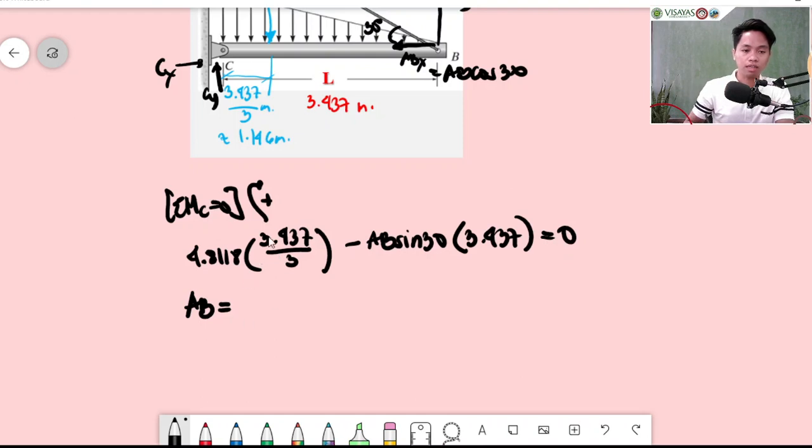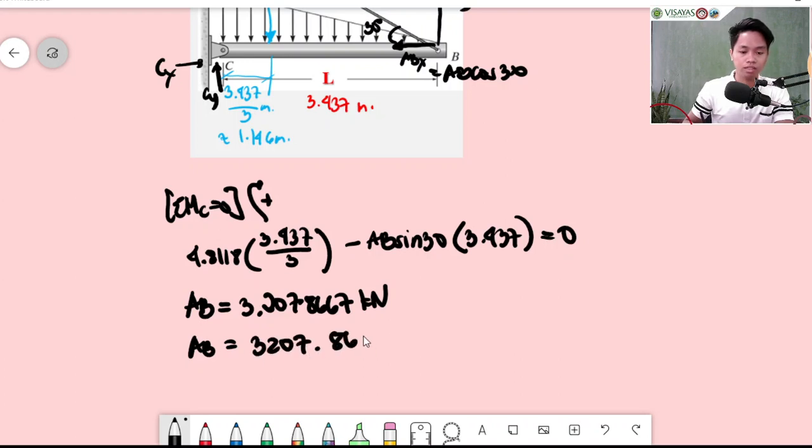So the force acting at AB is 3.2078667 kilonewton. Let me convert this to Newton by multiplying by 1,000 to make it easier. That would be 3207.86667 Newton. I'll store this in A. Okay, so I already have the force at AB.